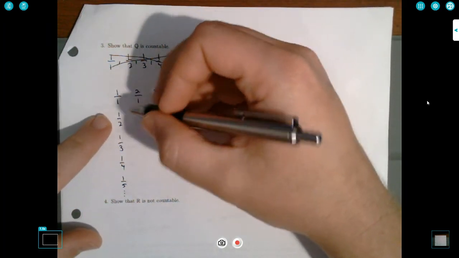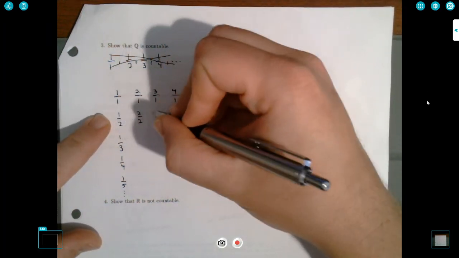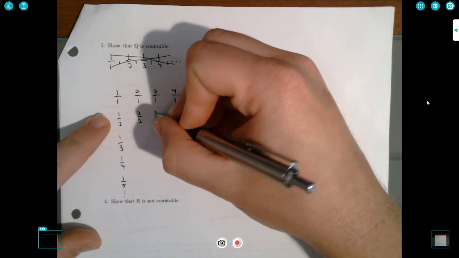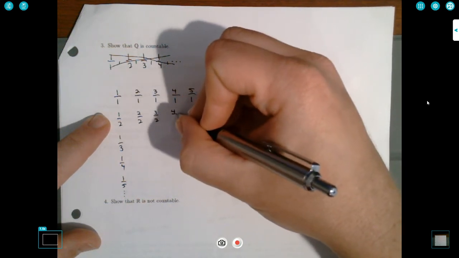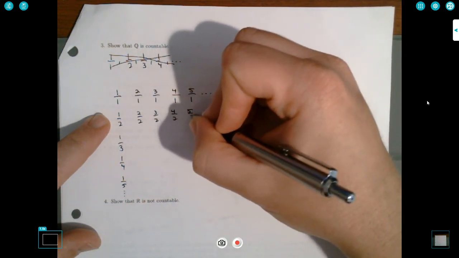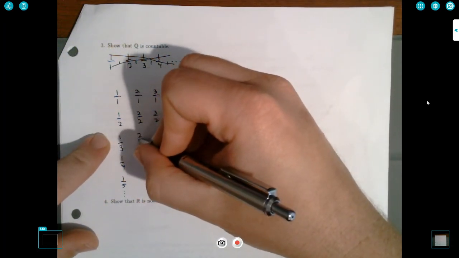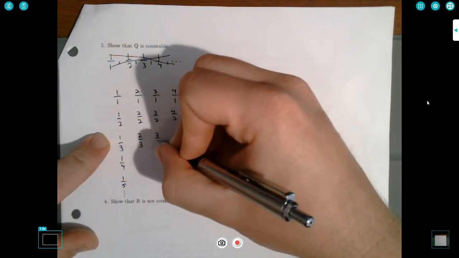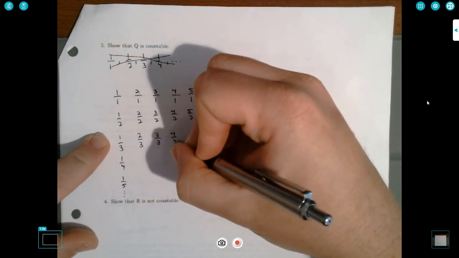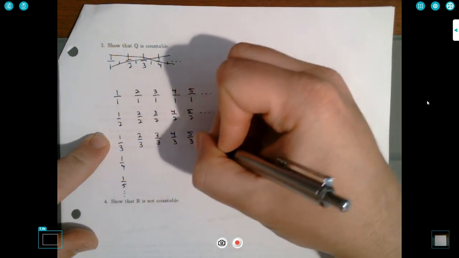And then I'm going to fill in the rest of the chart, right? So here I should have 2 over 2, and then 3 over 2, 4 over 2, 5 over 2. Here I would have 2 over 3, 3 over 3, 4 over 3, 5 over 3.